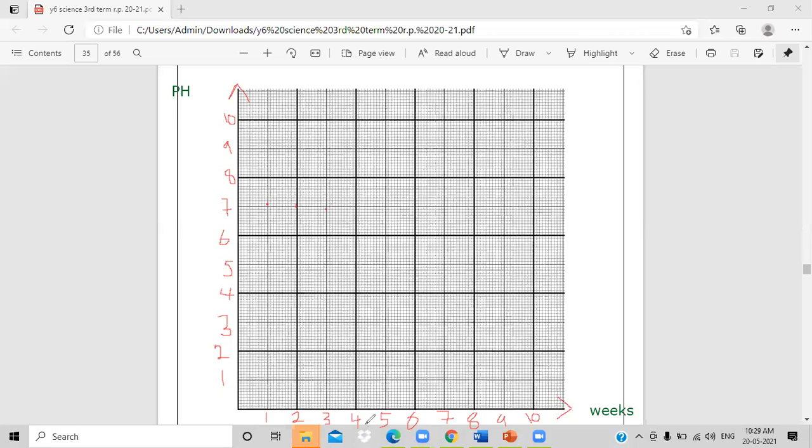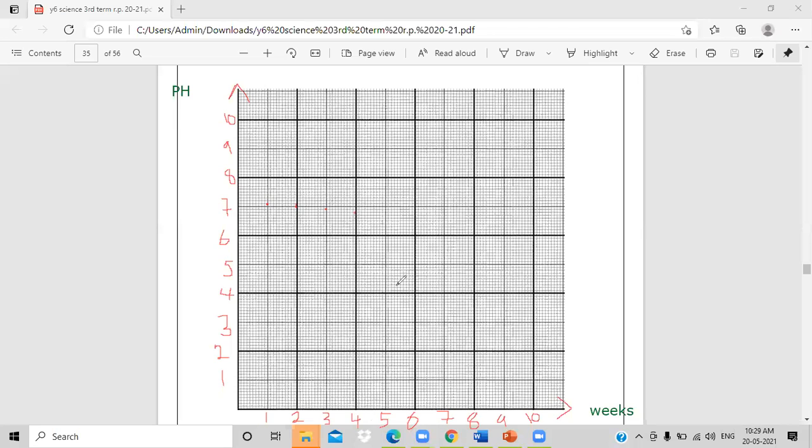Okay, the next one is number 4. The pH was 6.8 exactly. So again, I'm going to go to 6 and then I will reach 2 small boxes before number 7, and I'm going to put the dot.